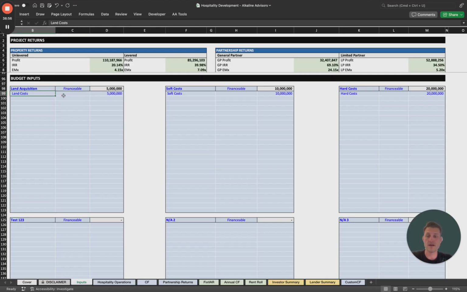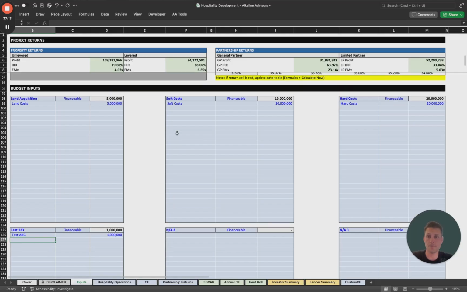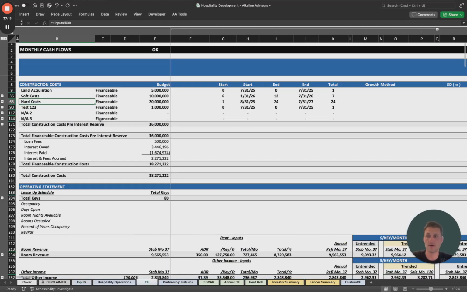And then we can break down what the individual costs look like in a given section and what those costs are. So in test 1, 2, 3, let's say there's a million. Let's say this is test ABC, and it's going to be $1 million. So once we load all of our pads up in here and go back to the cash flow tab, you can see everything will update accordingly here, right?